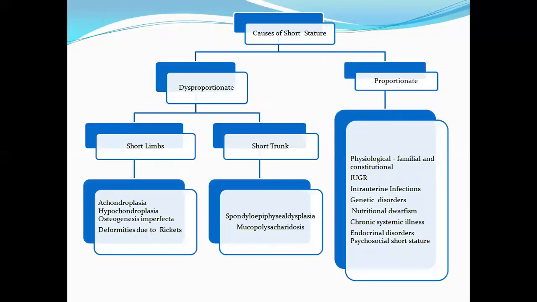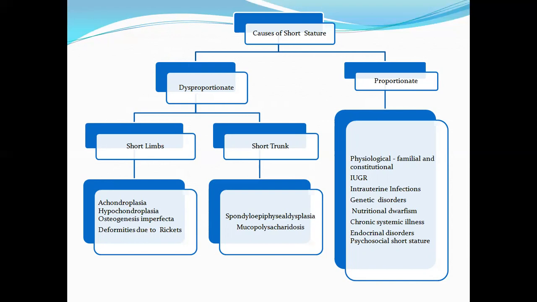Now, that is in tabular form or in an algorithm form, causes of disproportionate short stature. Then we will show if the short limbs are there, as I already told you, achondroplasia, hypochondroplasia. If the trunk is short, then spondyloepiphyseal dysplasia and mucopolysaccharidosis. Now the main thing is whenever we are going to see a case of short stature, we need to decide whether it is a disproportionate short stature or proportionate short stature.